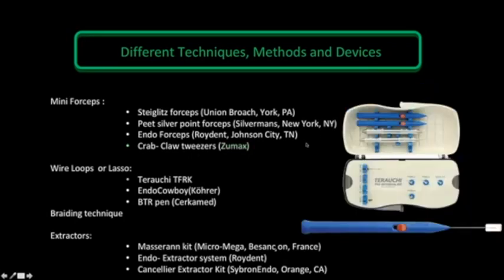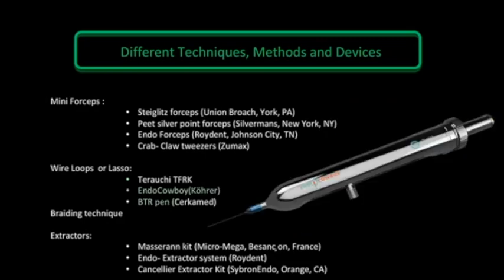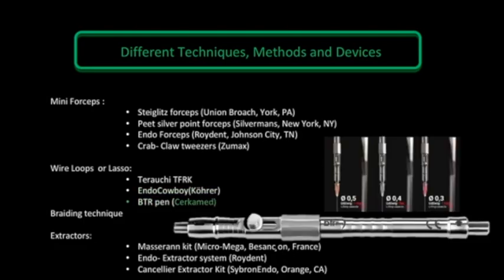For the loops and lasso instruments, we have the Tiroshi Retrieval kit, the famous kit, and we have more recently the Endo Cowboy, another new instrument for retrieval with lasso technique, and we have the BTR pen, more recent, which has multiple diameters and is a very interesting instrument.